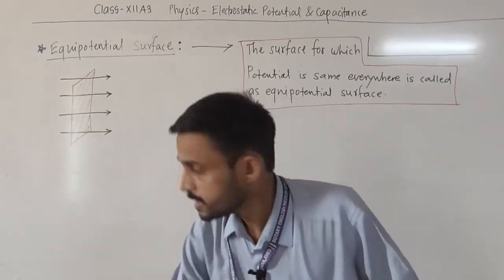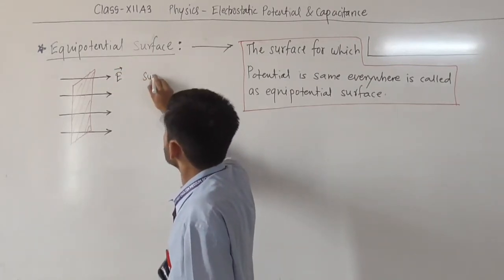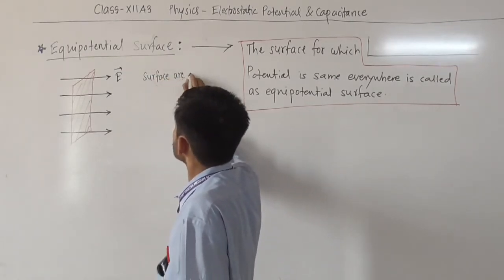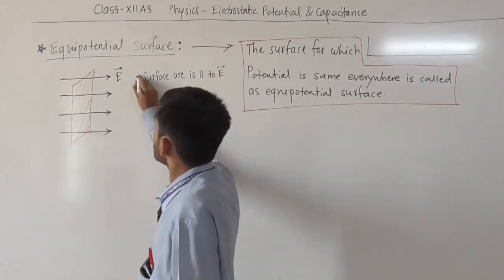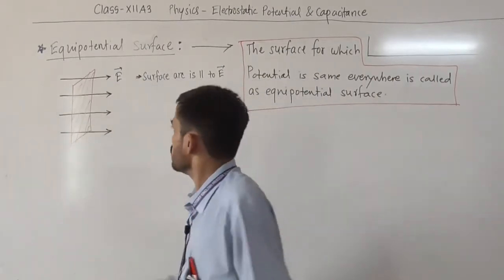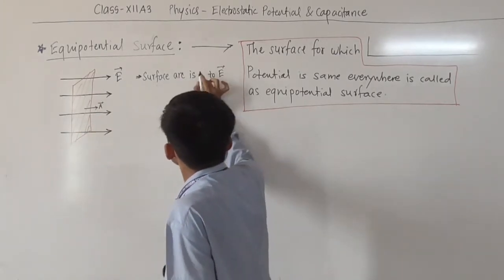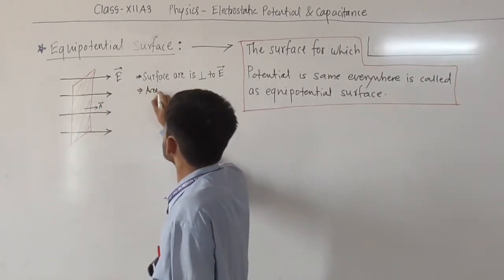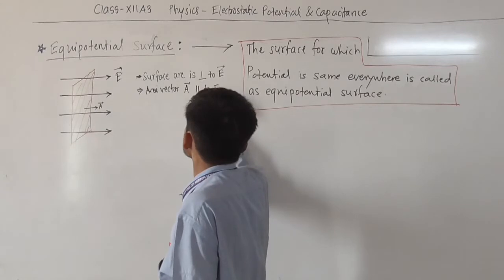Here the surface area is parallel to the electric field. What is important? The surface area is parallel to the electric field. The area vector will be perpendicular to the electric field.